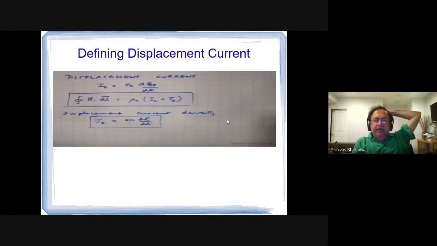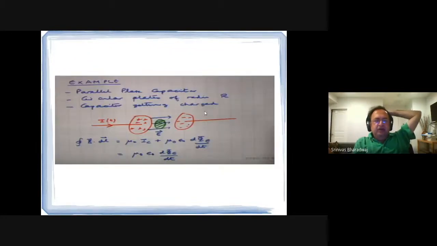There is an electrical flux, phi E, and the rate of change of electrical flux, epsilon naught d phi E by dt, becomes another form of current. That is the displacement current that gets added to the equation.